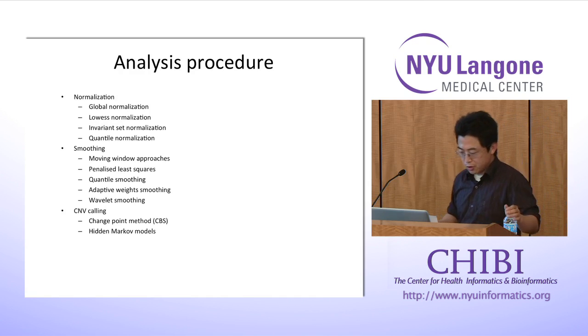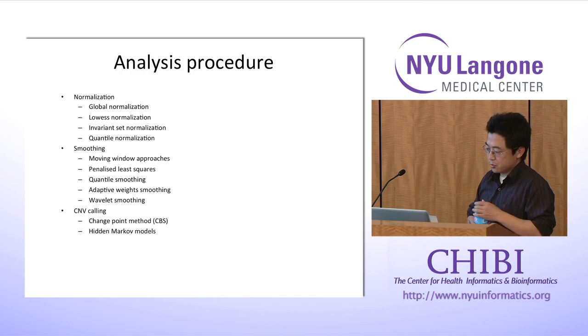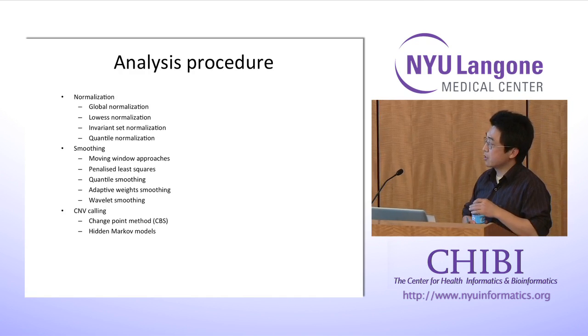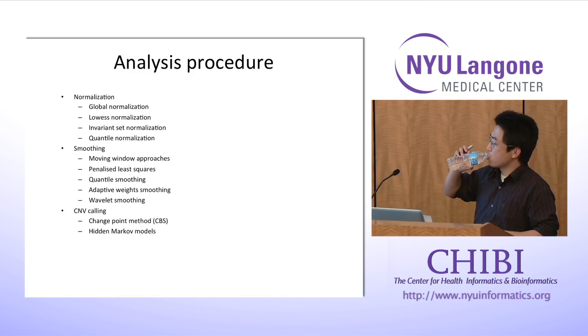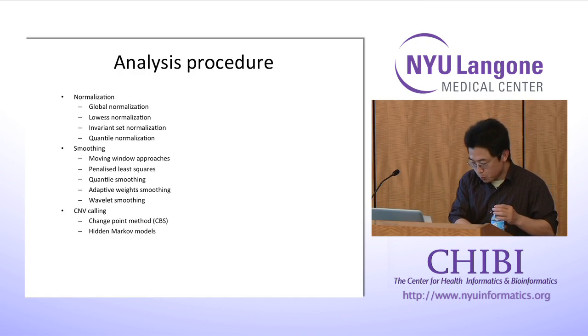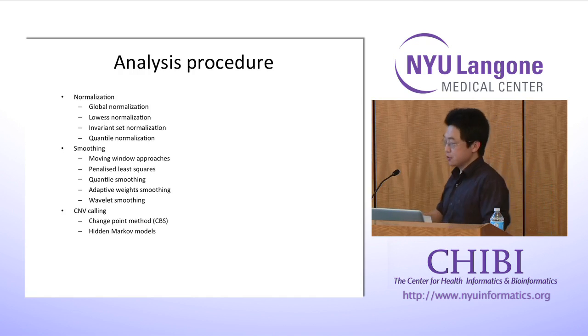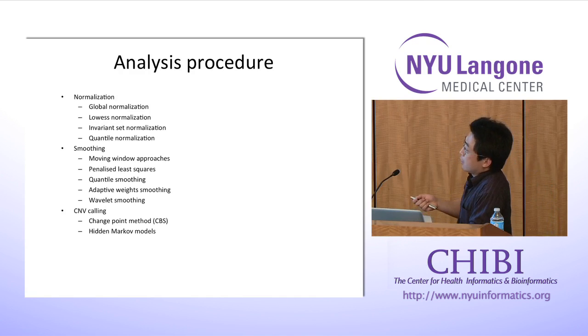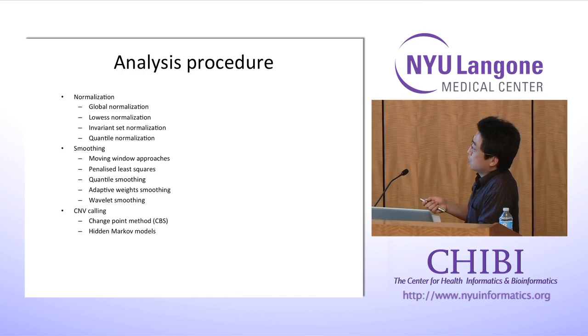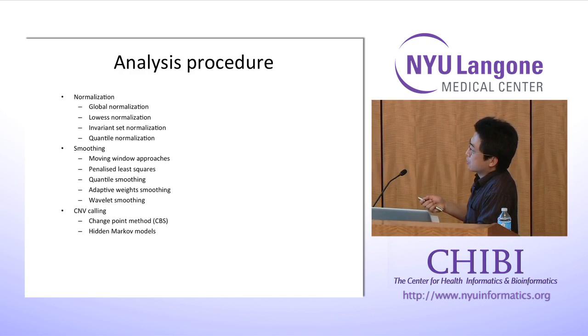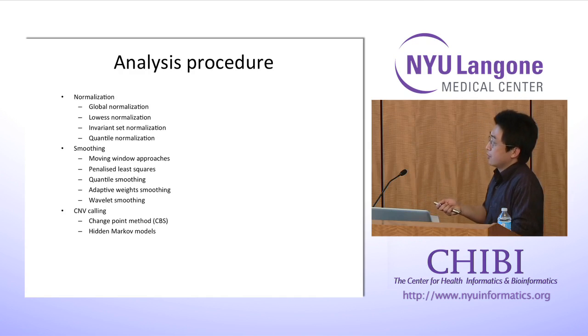So usually the analysis procedure should cover 3 main steps. The first one is normalization. There are global normalization, local intensity-based Lowess normalization, invariant set normalization, and also quantile normalization.